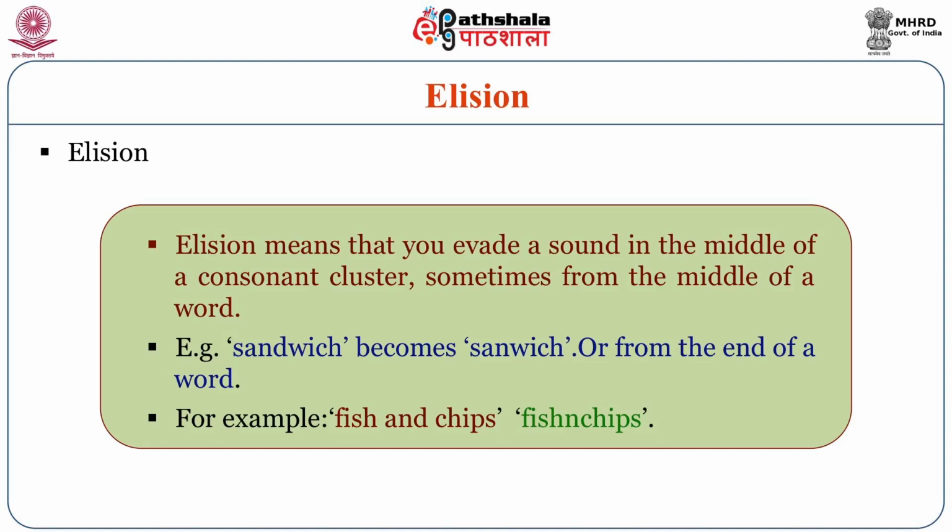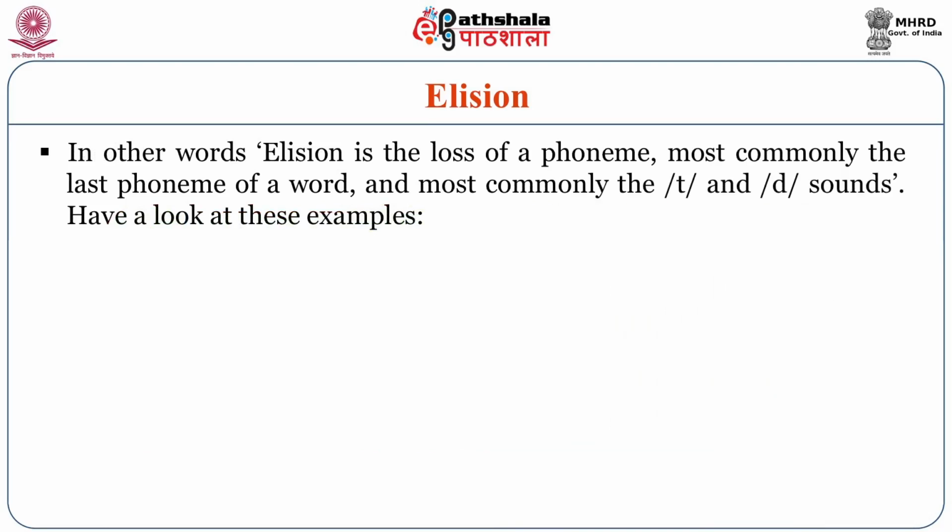Or from the end of the word, for example, when we say fish and chips, it becomes 'fish 'n' chips' in fluency, and this 'and' is omitted. So in other words, elision is the loss of a phoneme, most commonly the last phoneme of a word, and most commonly the t and d sounds.